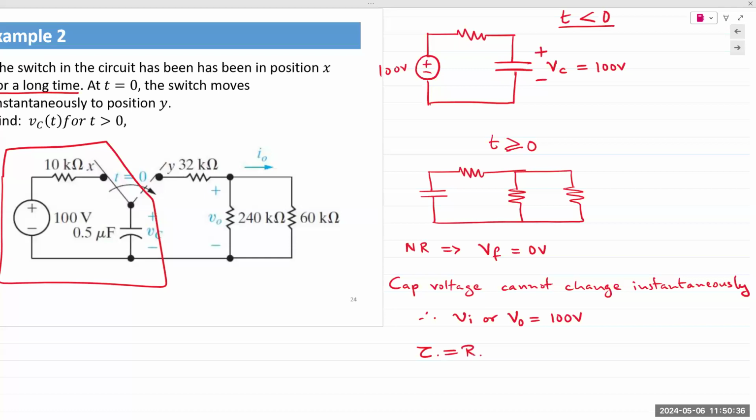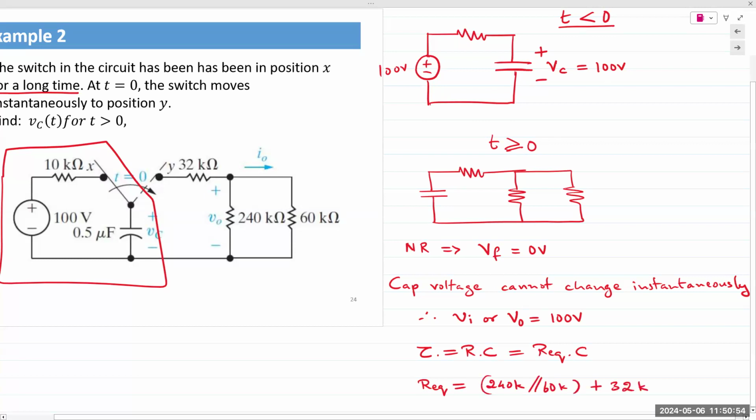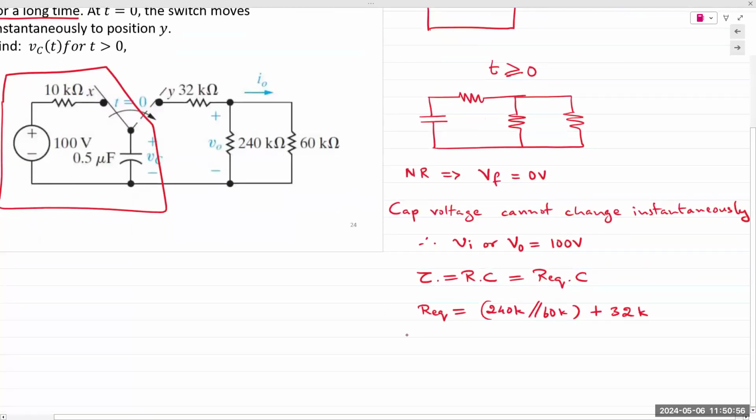Tau is equal to R times C. In this case, it is Req times C. Req, similar to the previous problem, is a combination of 240K in parallel with 60 kilo ohm resistor plus 32K. And Req is 80,000 ohms.